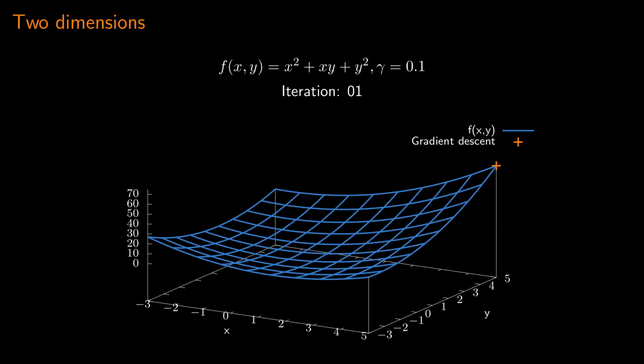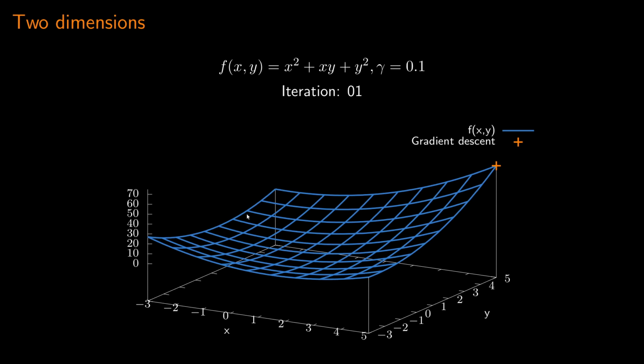So let's have a look at a two-dimensional example. Two dimensions, of course, is relatively easy to show on screen. More than two dimensions obviously becomes much more difficult to illustrate. We have a very simple function here, f of x, y is equal to x squared plus xy plus y squared. I'm using a gamma value equal to 0.1 that I know actually works quite well.